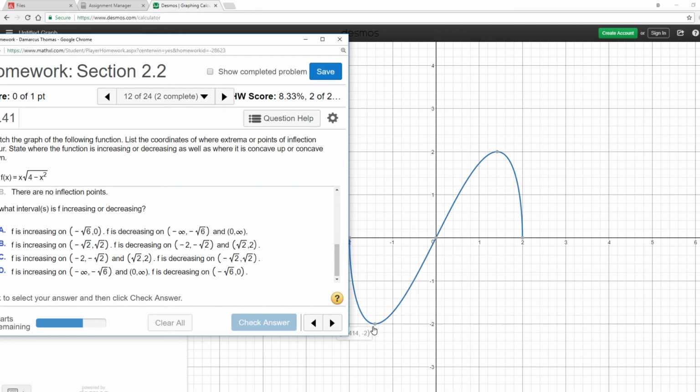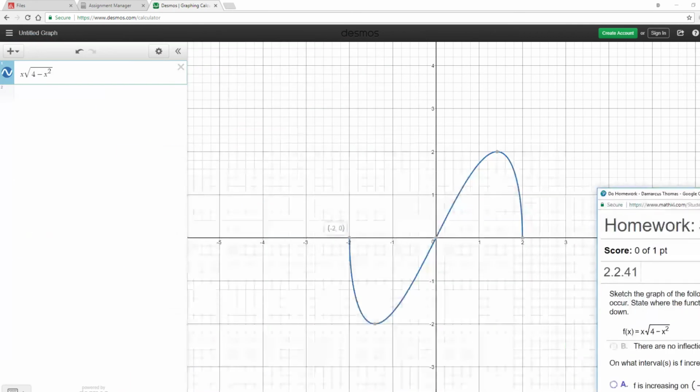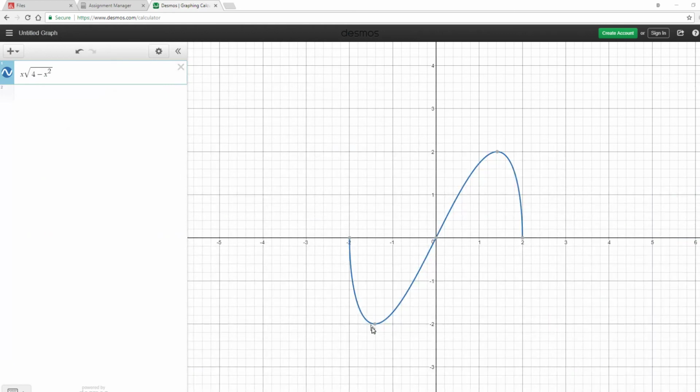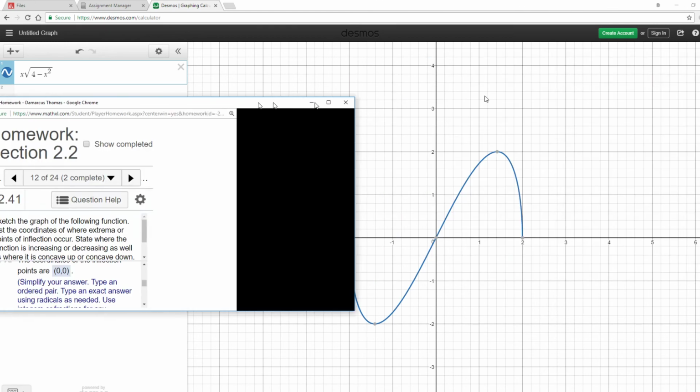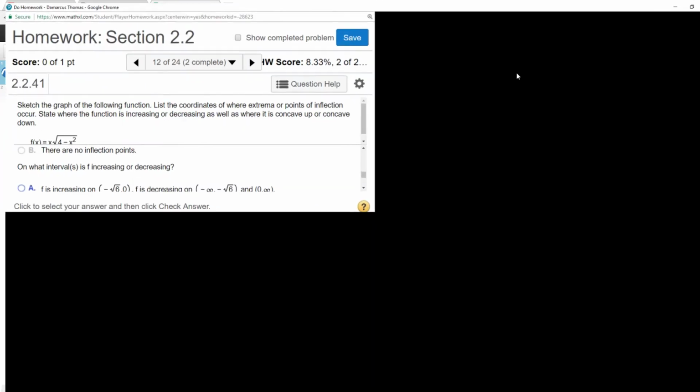So it's increasing from -√2 to +√2. But it's also decreasing from -2 to -√2, and also from +√2 to 2. That's where it's decreasing along those two intervals.